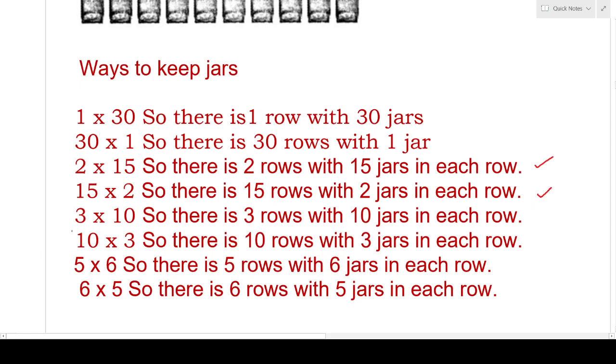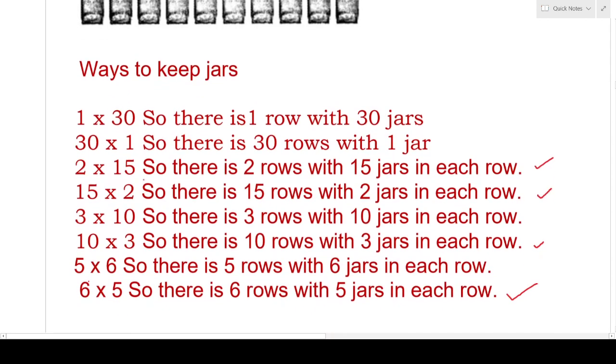Next question, 3 times 10, so there are 3 rows with 10 jars in each row, and after that I have written 10 over here. 10 times 3, so there are 10 rows with 3 jars in each row. Next 5 times 6, so there are 5 rows with 6 jars in each row, and after that I have written 6 over here. And 6 times 5, so there are 6 rows with 5 jars in each row.